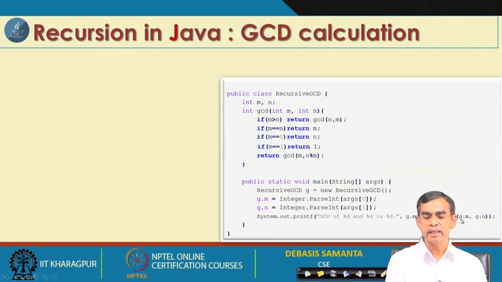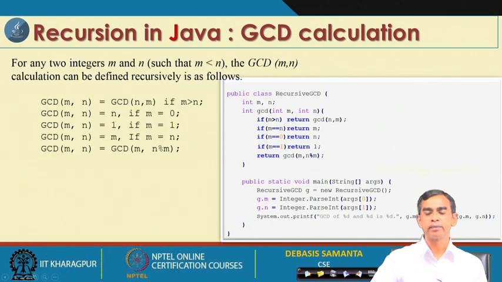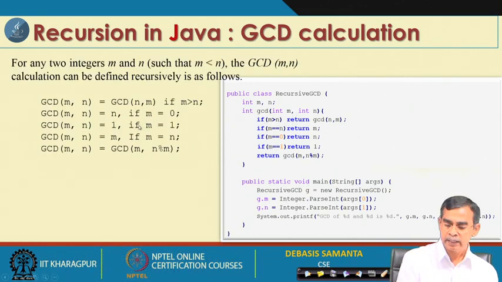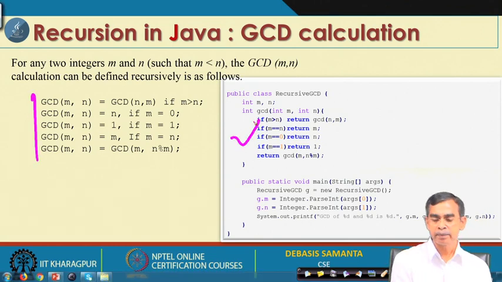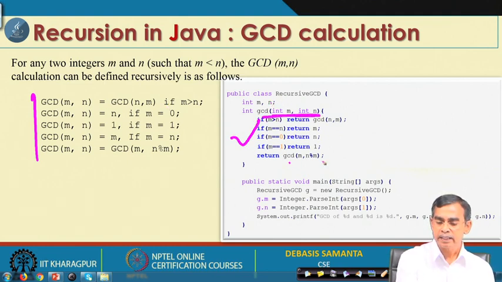So, this is the method, the recursive version of the GCD calculation. The definition that we have discussed here is implemented here, and the recursive version is the GCD of this one.